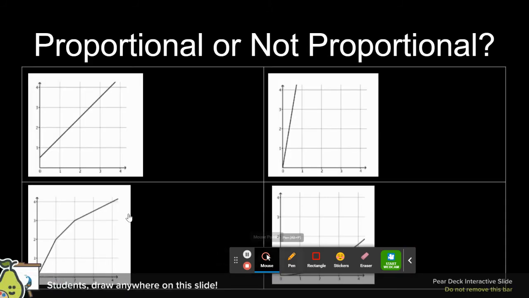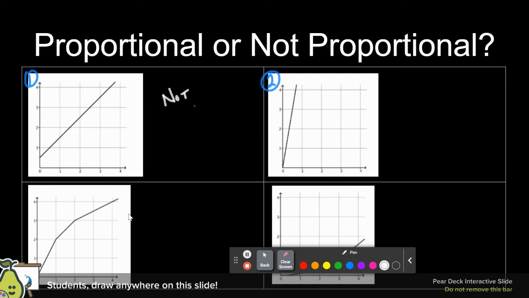Go ahead and let me know, is this first one proportional? Is number 1 proportional? All right. Is number 2 proportional? Now, if you said number 1 is not proportional, you are correct. This is not proportional because it does not go through the origin.